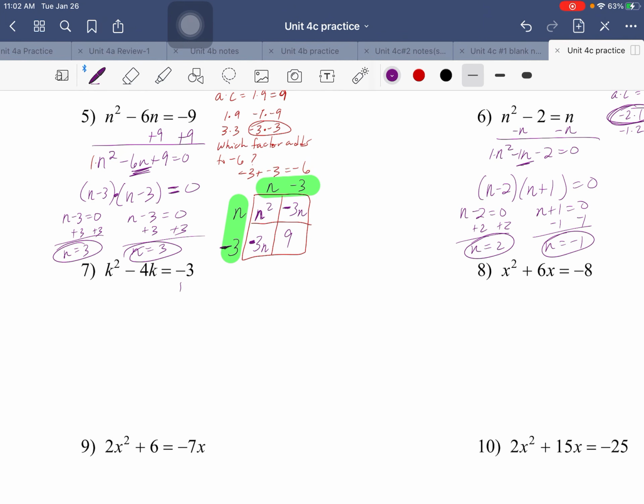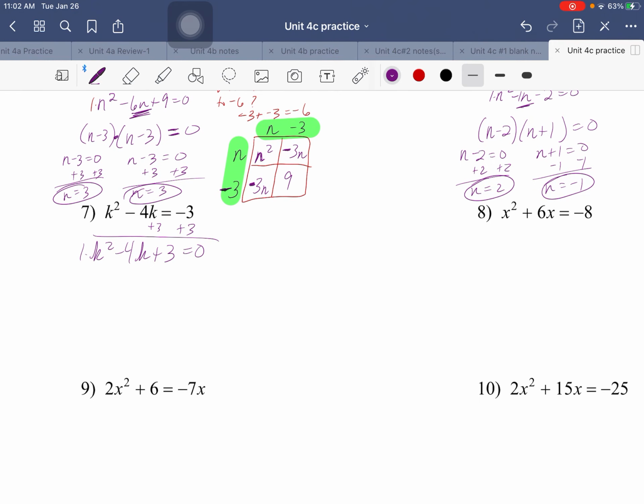And the next one, add 3, get your c term together with your a and b term. Make fun of my k's if you'd like. I have 1 times 3 is 3, and -1 times -3 is 3, and that one would add up to -4. So for the a term, top left.